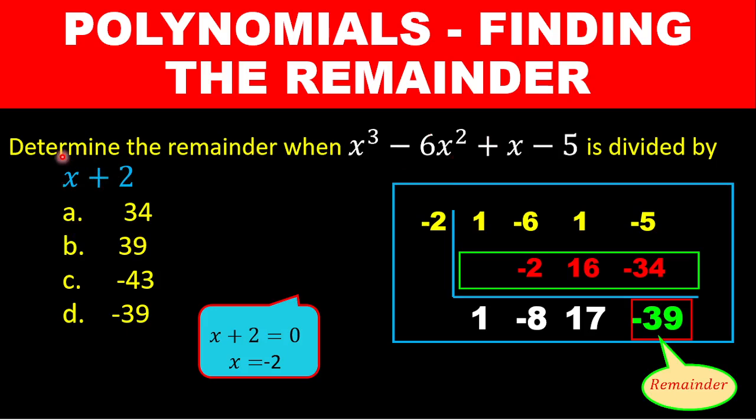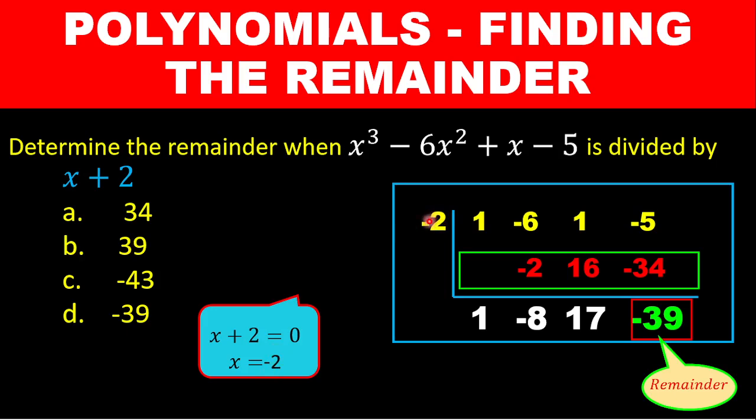And so if it is a factor, then let's equate the factor to 0. So I have x plus 2 is equal to 0. And then my mission here is to find the value of x. So the value of x is going to be negative 2. Now remember, whatever you get for x, it must always come here as the first number you are going to write. So this minus 2 is what we have here.